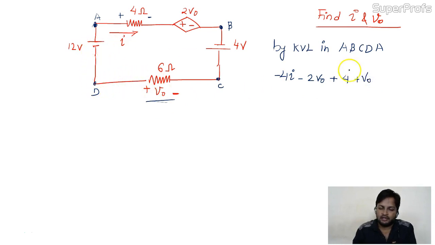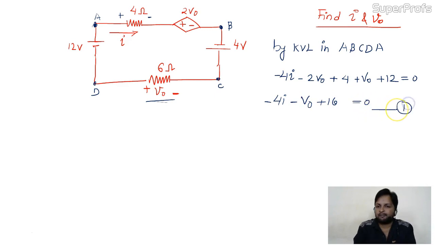Here again we are getting 12, and at the end 0. We can simplify this first. Minus 4I minus 2V0 plus V0 minus V0 plus 16 equal to 0. Equation 1.